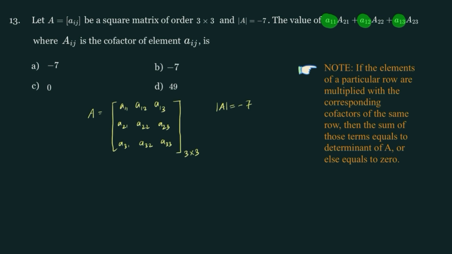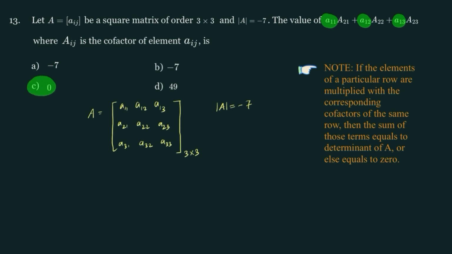If you notice, a11, a12 and a13 are the elements of the first row, and all these elements are getting multiplied with the cofactors of the second row. According to the note, if the elements of a row are multiplied with the cofactors of the same row, the sum equals determinant of A, or else it equals 0. So my answer for this question is 0.